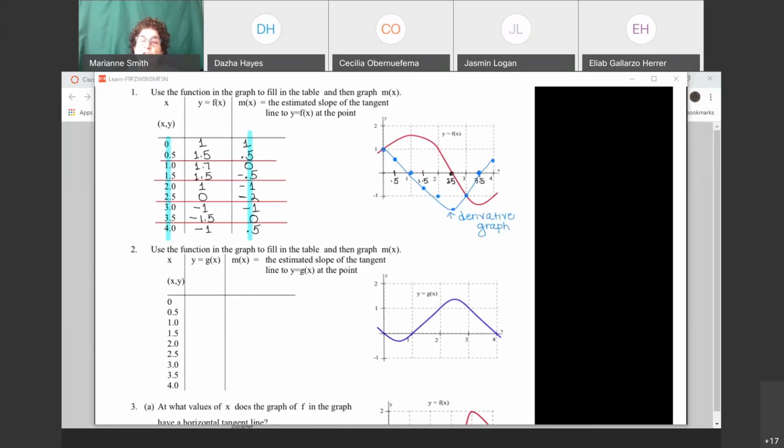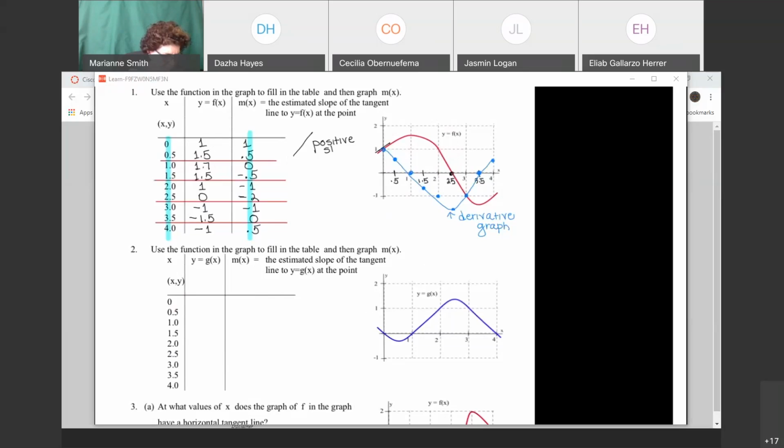So I've taken the slopes of the tangent lines and I've graphed them as y values. How do we figure out the slope again? What you're looking at is slopes of tangent lines. So you have to remember a couple of things about slopes. If I draw a tangent line to this curve, like here, this is a positive slope.